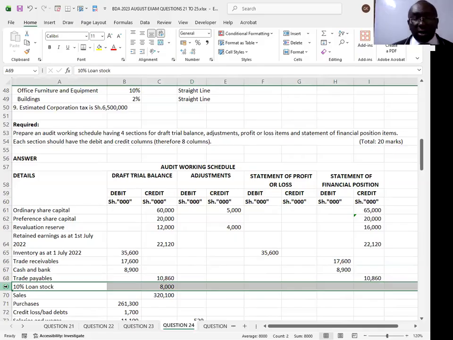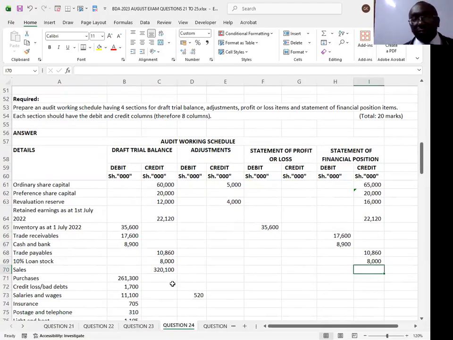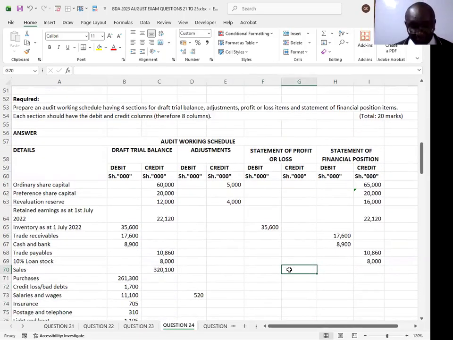Loan stock, no adjustment, ikuje hapa ikiwa credit. Sales should go to the credit of P&L. Sales, credit of P&L.